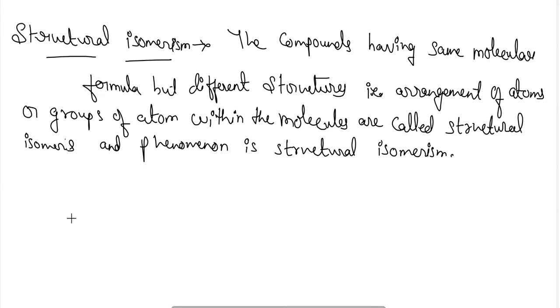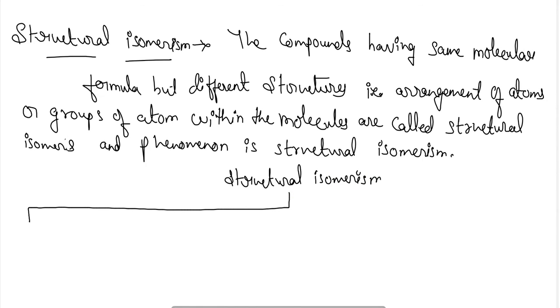Okay, so if I am going to talk about the types of structural isomerism, the first one is skeletal isomerism, which is also termed as chain isomerism.